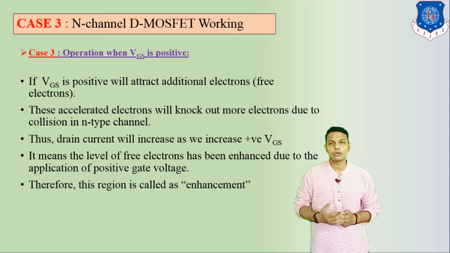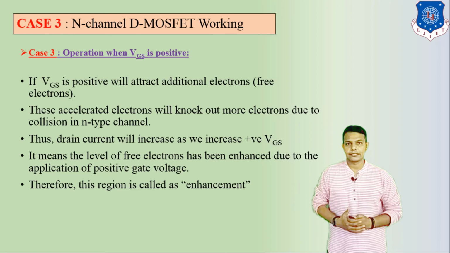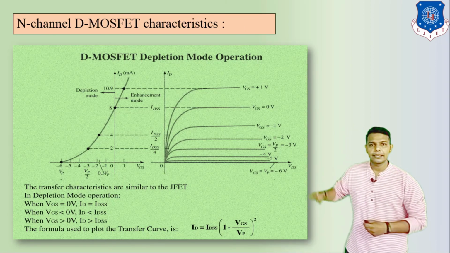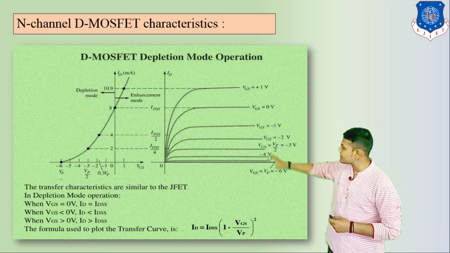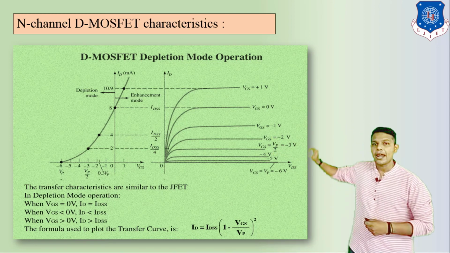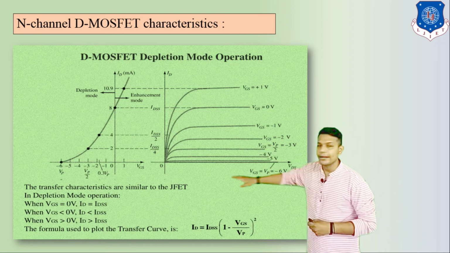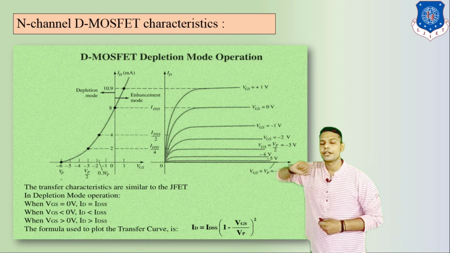So let us discuss these 3 different cases in the characteristics. Here we can see the characteristics. This is known as the drain characteristics, or output characteristics, and from these drain characteristics we can plot the transfer characteristics, which is represented here.